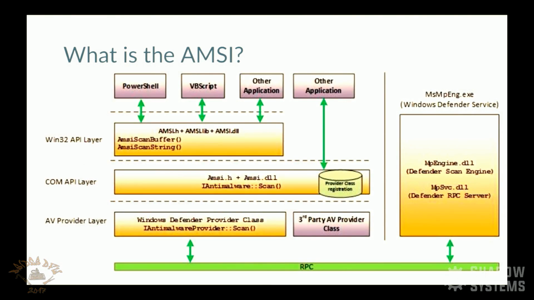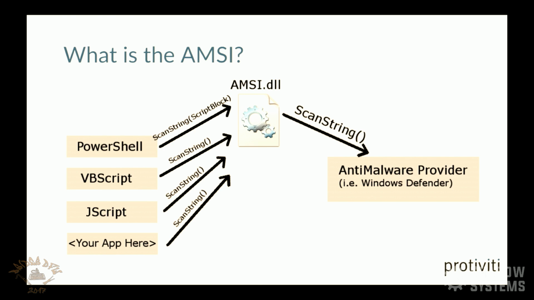As you can see, there are some applications at the top that basically submit strings to Win32 API calls that eventually make calls to an anti-malware provider interface. This is the same diagram, but my super dumbed down version of it. As you can see, just any application can submit strings to functions exported from the AMSI DLL, and that DLL will then make a call to the anti-malware provider, which provides signatures and tells you if it's malicious or not.